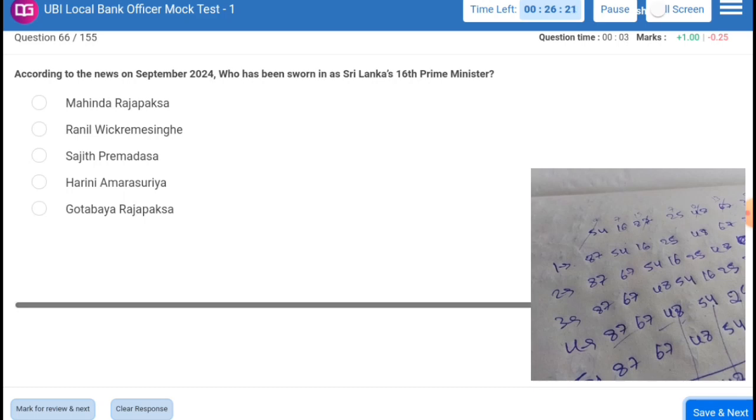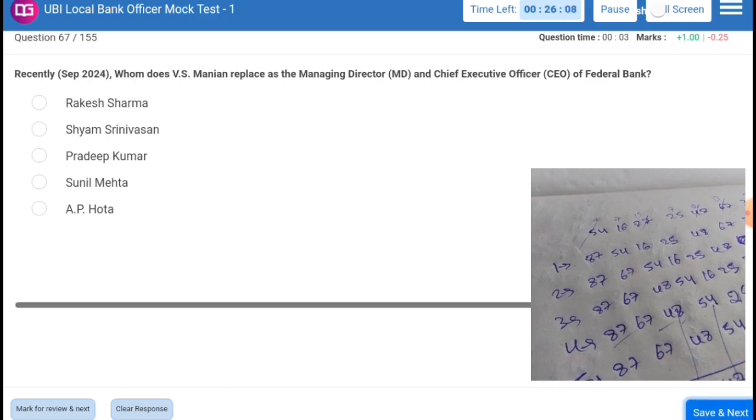According to the news on September 16th, who was born in Sri Lanka? Harini Amarasuriya. V.S. Manian replaces MD and Executive of Federal Bank.